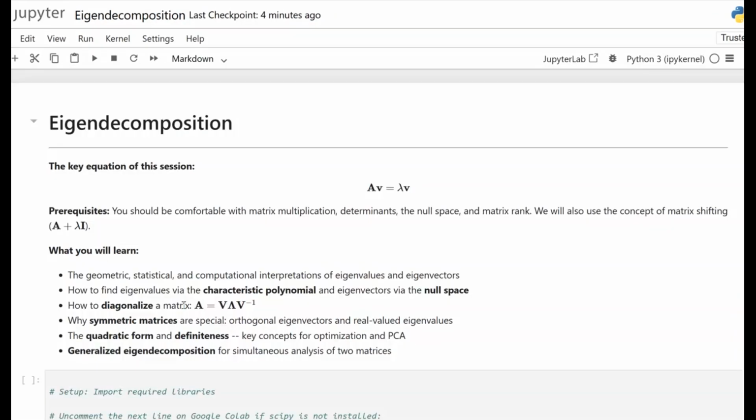We have discussed eigenvectors as special directions that remain unchanged in orientation. Eigenvalues tell us how much those directions stretch or shrink. The characteristic equation helps us uncover eigenvalues, and eigenvectors emerge from the null space of shifted matrices.